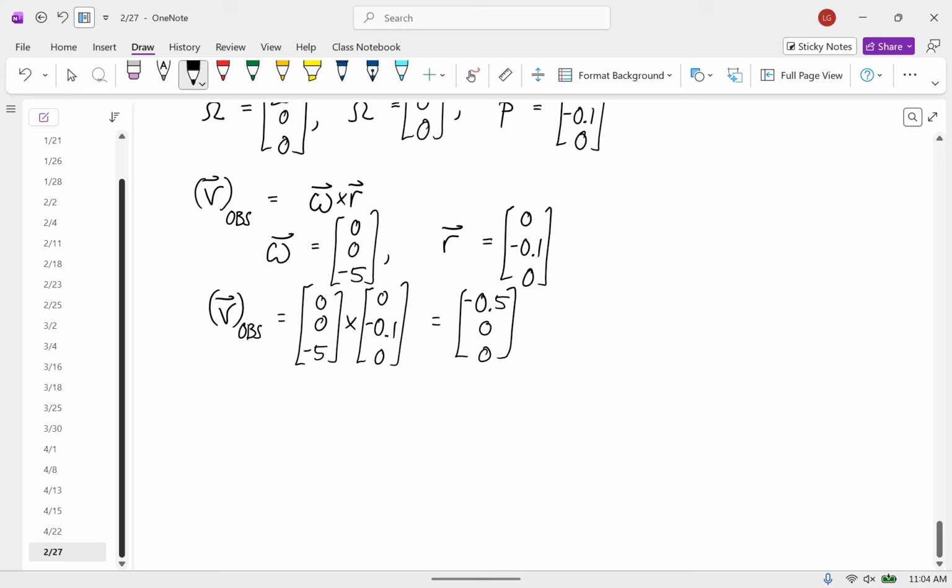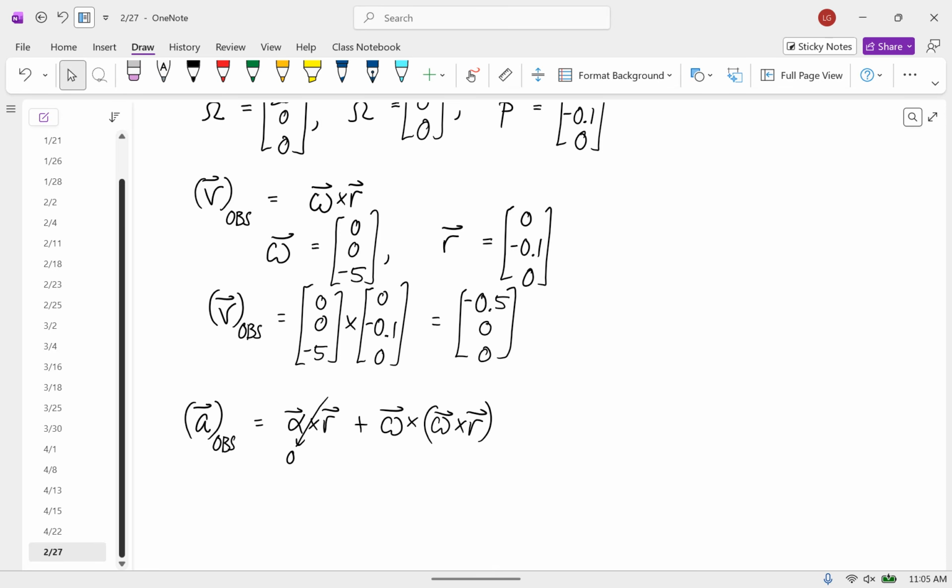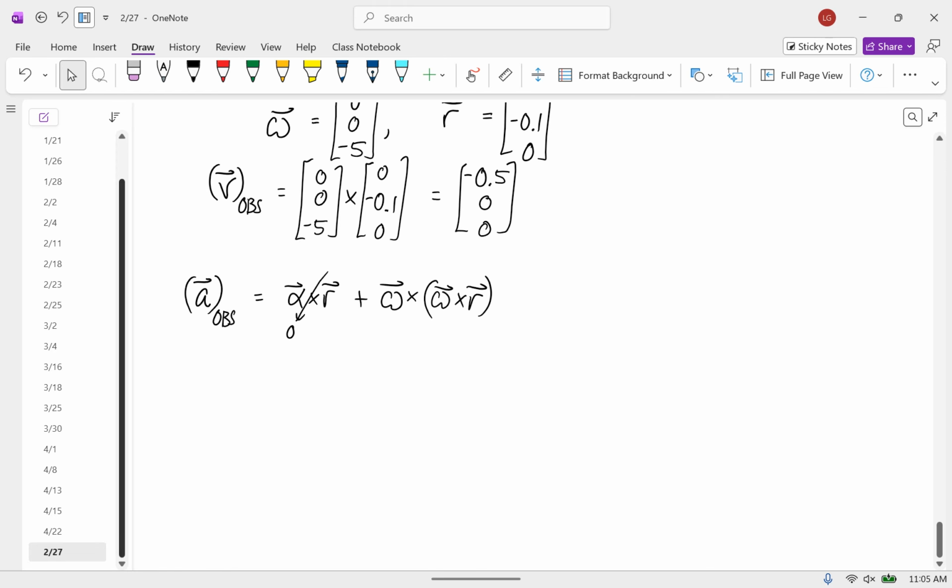And now we have to do the same thing for the acceleration, and we're going to have to use the watermelon equation. So the observed acceleration is all ripe watermelons will rot. This goes away because our alpha is 0.